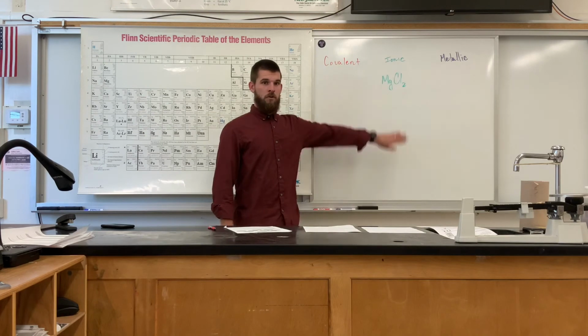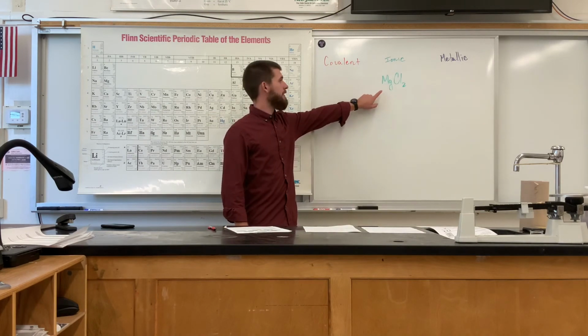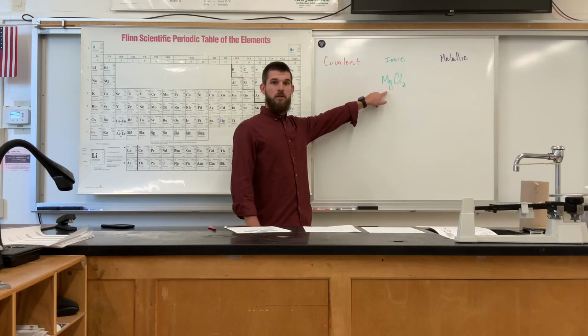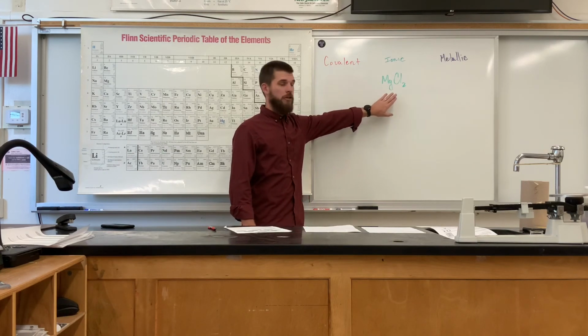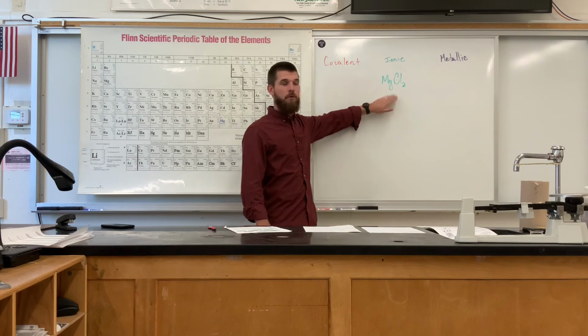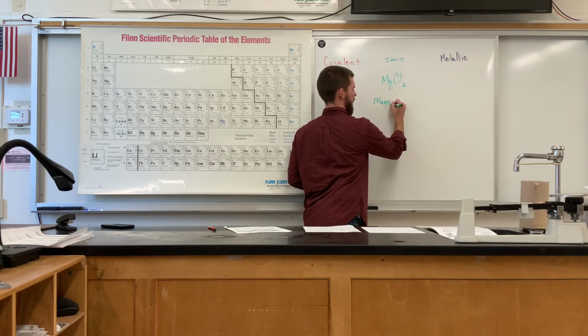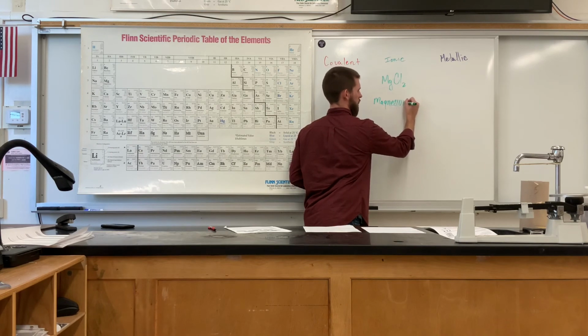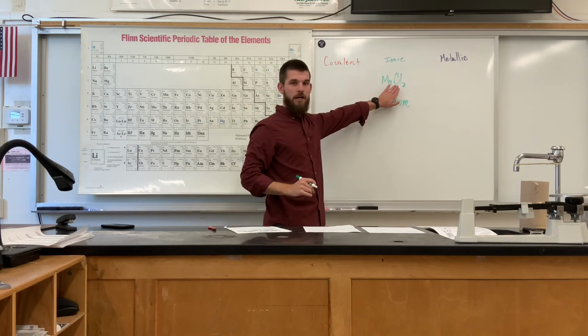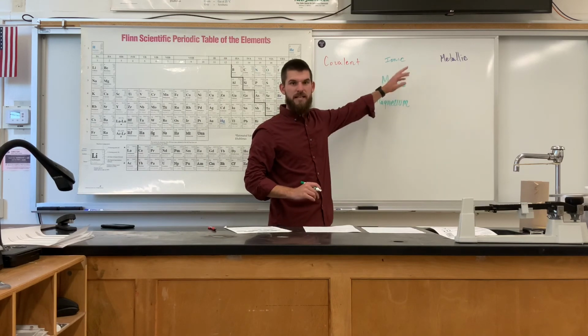Okay. When we name an ionic compound, you're going to take the metal, which is on the left. You're always going to put the metal on the left, which is the cation, and you're going to write the cation's name first. So we'll just write out magnesium. And then we'll take the anion, which is the negatively charged ion, because this is the one that takes the electron.